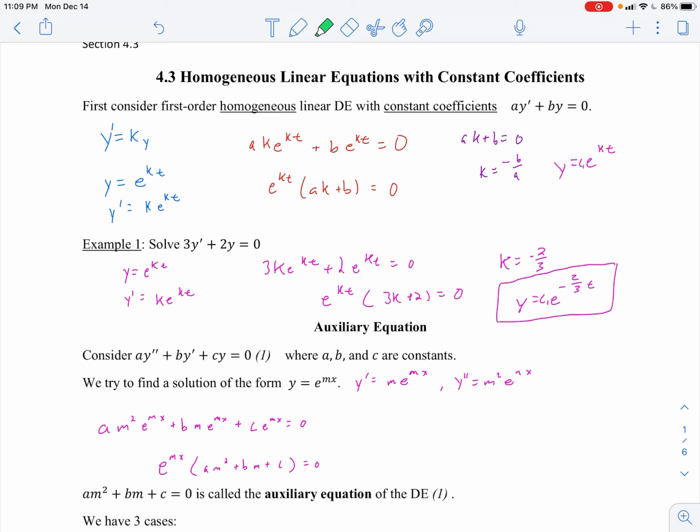We can pull out an e to the kt. We're left with 3k plus 2. We're going to set that equal to 0 and solve. We know that k is equal to negative 2/3. And so therefore, our solution is y is equal to c sub 1, some constant, times e to the negative 2/3 t. And again, you can check that by just plugging that in and seeing if it holds true.